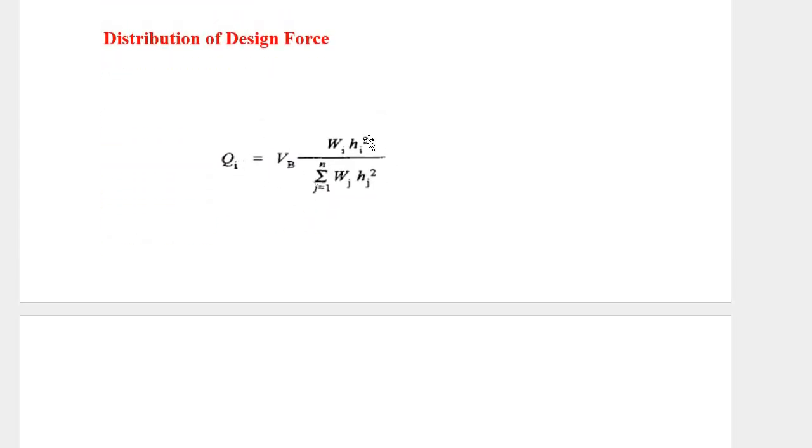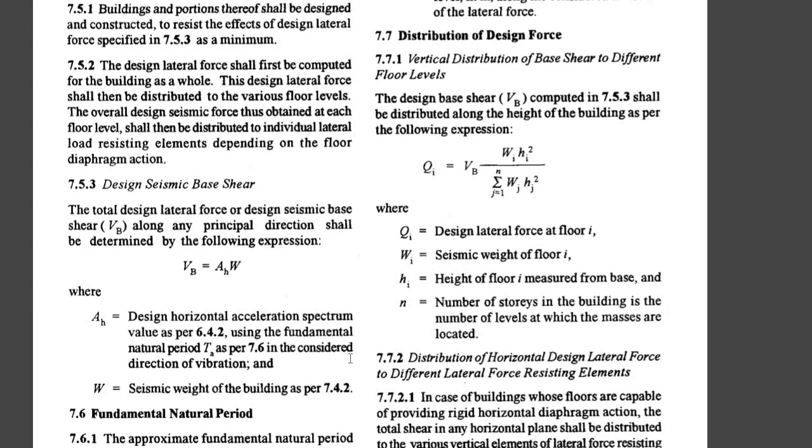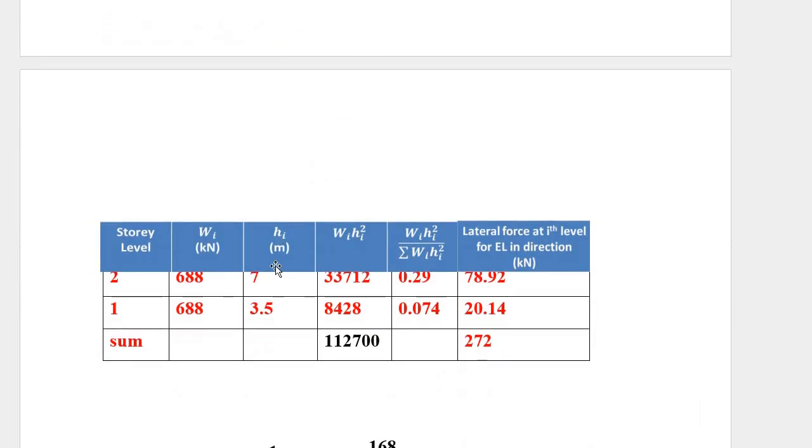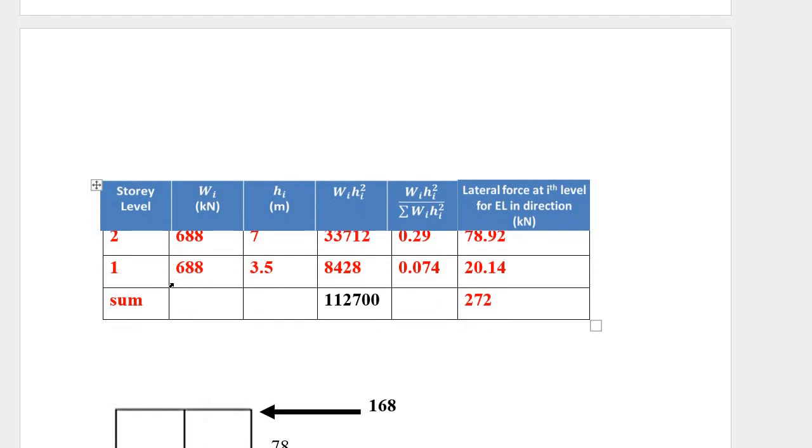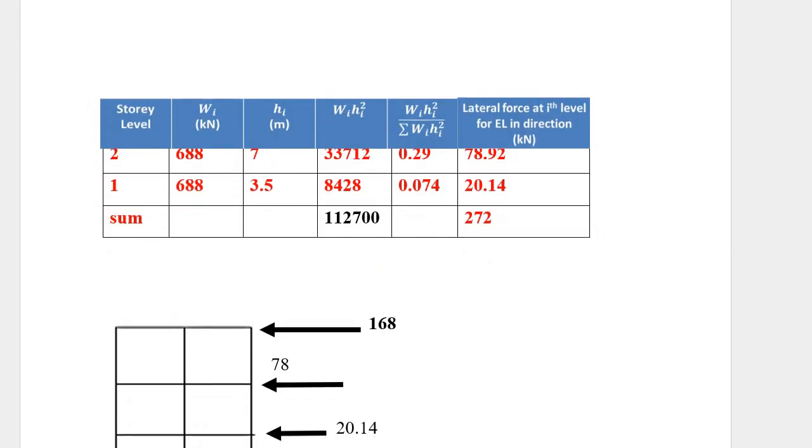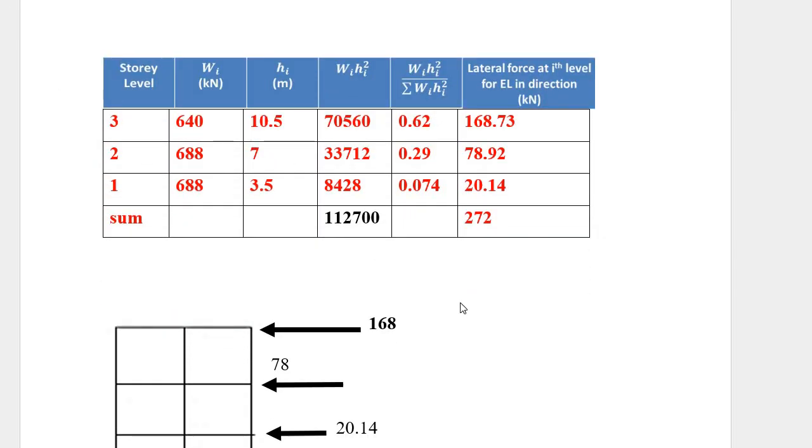Next is the design force. This Qi formula you will get in the code book, that is page 24. You can see here the distribution of the design force. From there I have taken and calculated this table. So here, one second. Three stories are there.